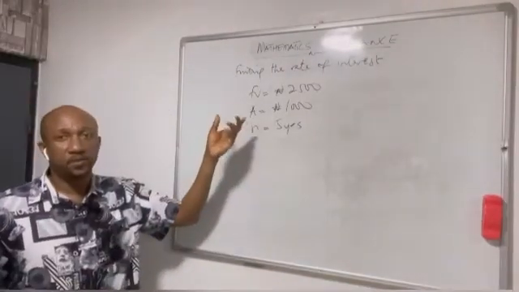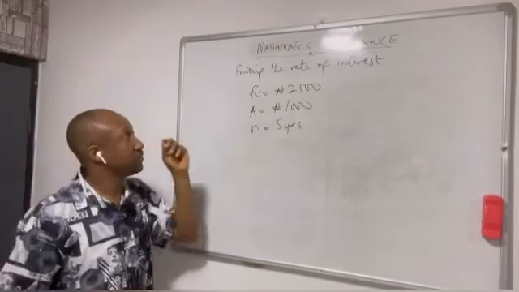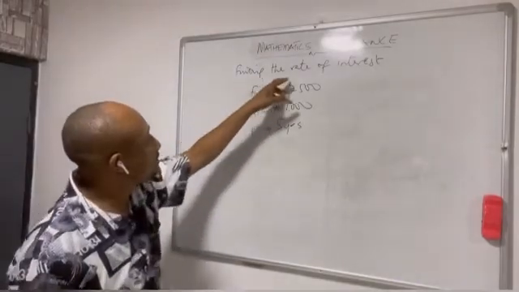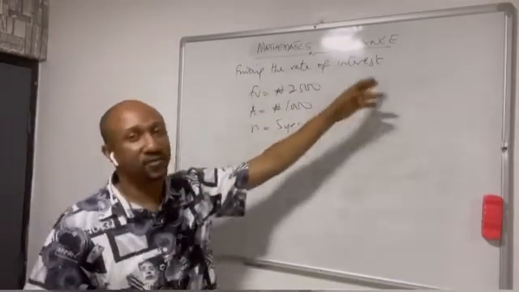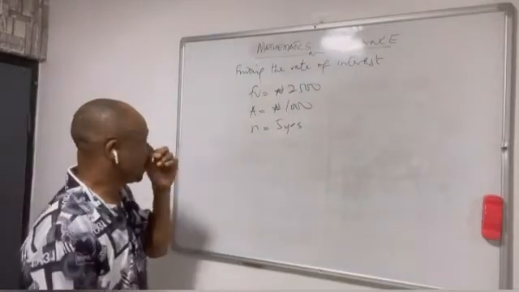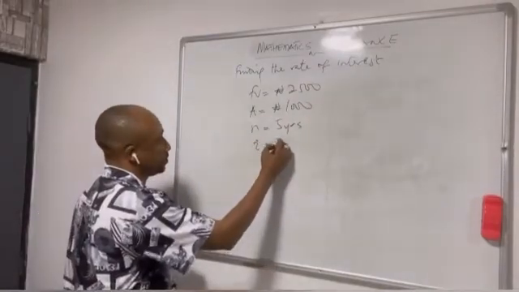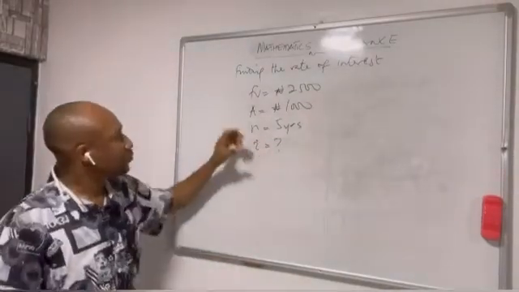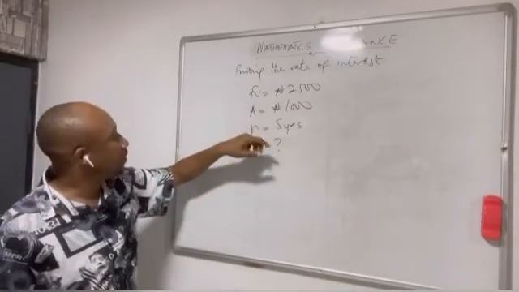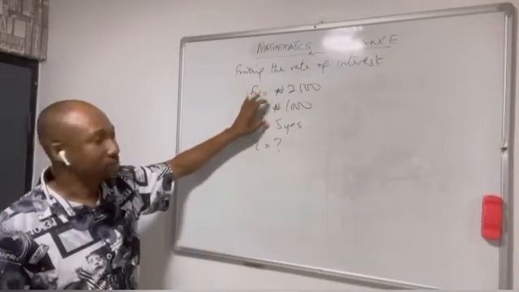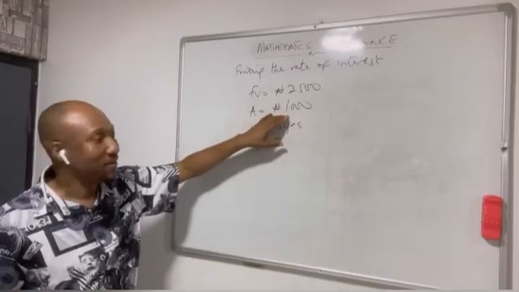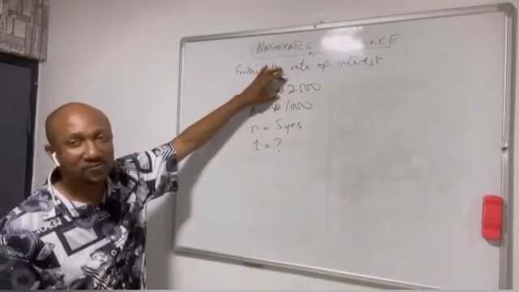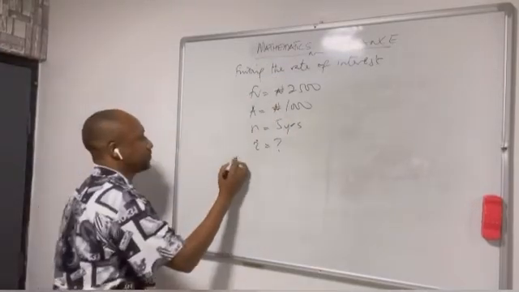Another concept we may want to consider under mathematics of finance is the concept of finding the rate of interest. The question is, at what interest rate will a present amount of 1,000 naira amount to 2,500 in 5 years?